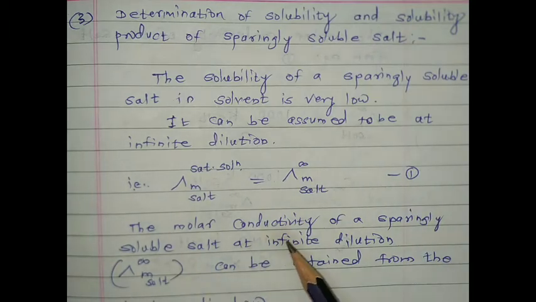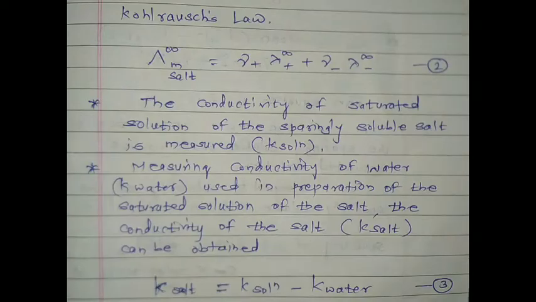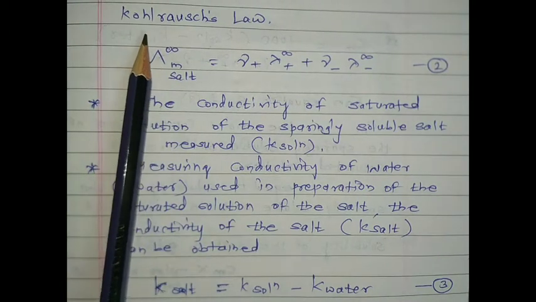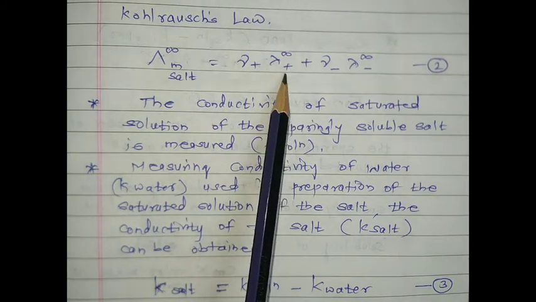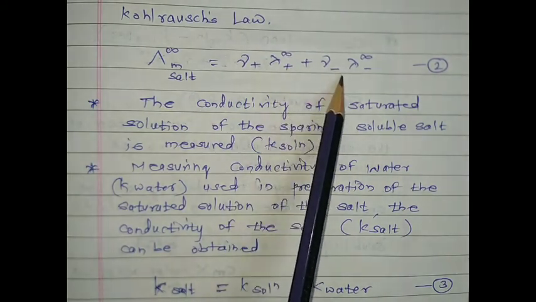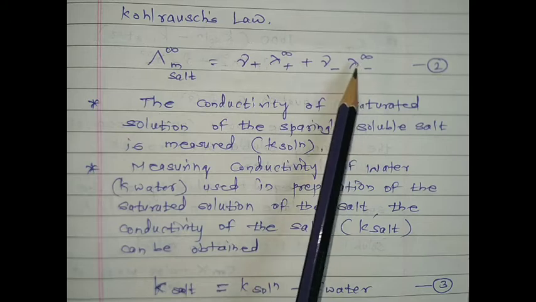The molar conductivity of a sparingly soluble salt at infinite dilution, lambda m salt at infinity, can be obtained from Kohlrausch's law as mu plus lambda plus infinity plus mu minus lambda minus infinity.